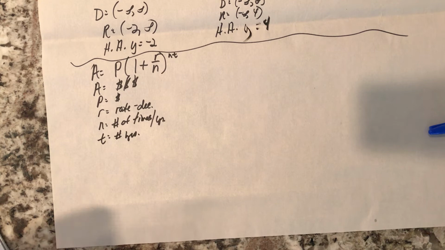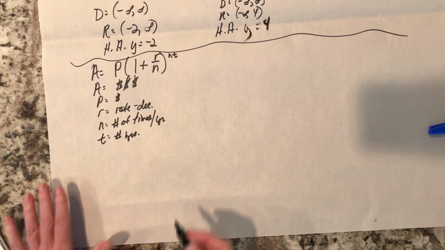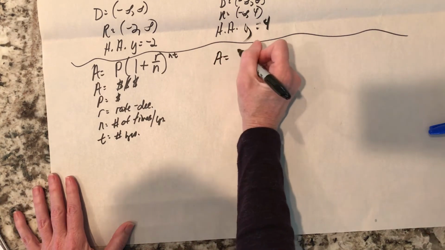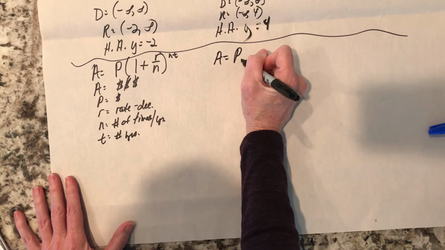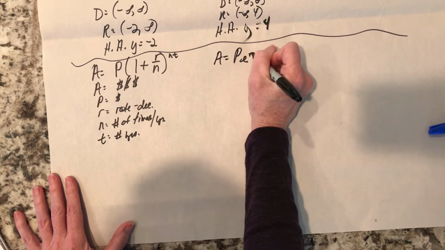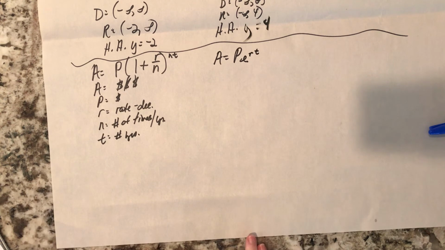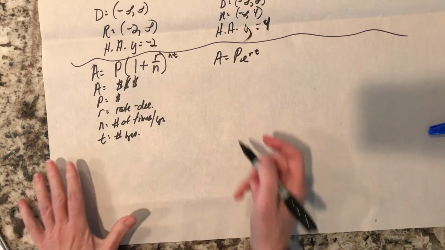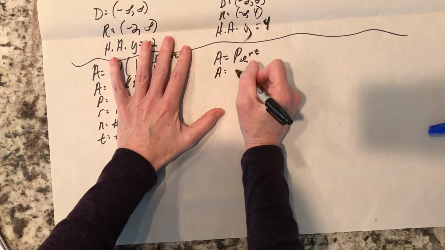Okay, so the other formula that we've got here is A equals P times our little friend E raised to the R times T. PERT is a way that you can memorize it. You're not going to have to worry about memorizing it, but if you did have to. So A again is accumulated value.